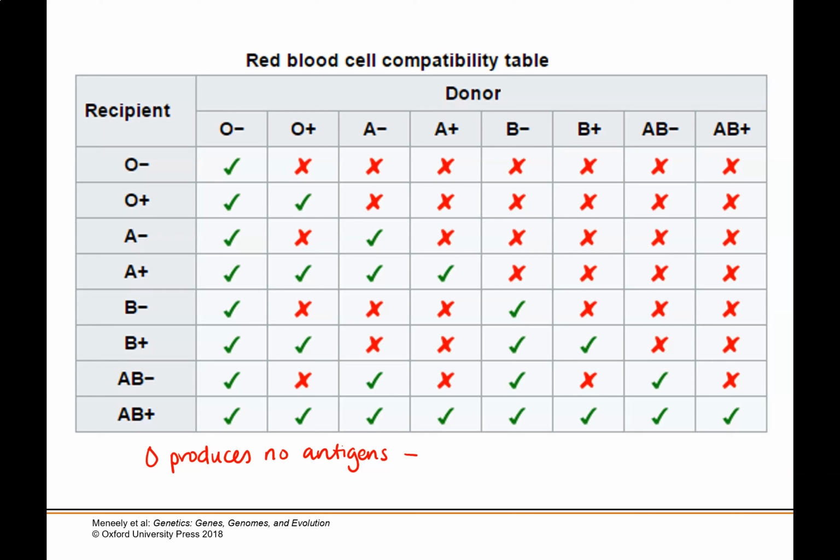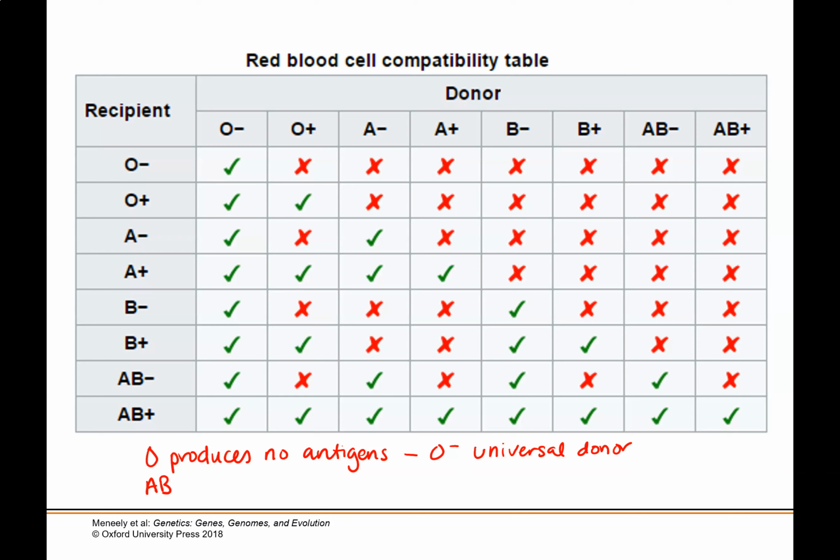So O, especially O negative, and I'll talk about the negative in a minute, is going to be the universal donor because everybody can take it, because nobody's body is going to have an immune response because there are no antigens.